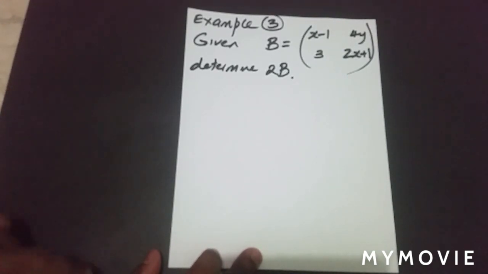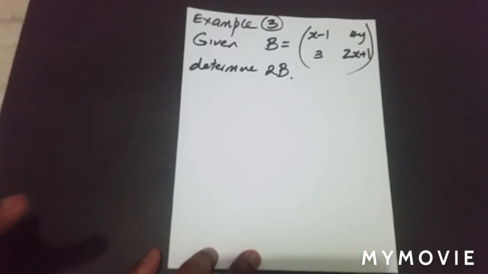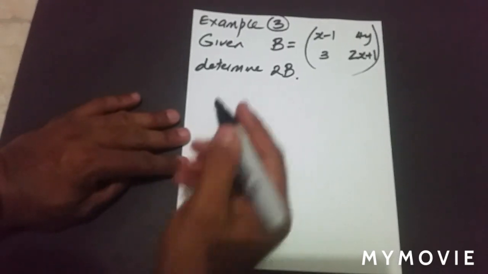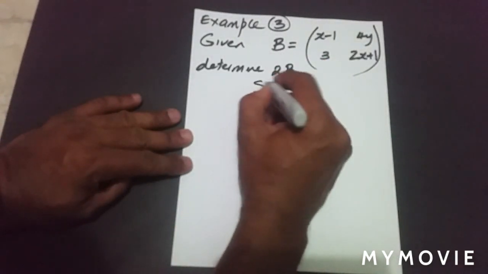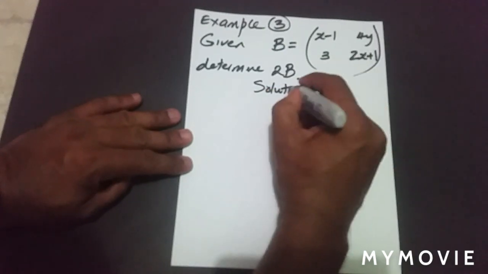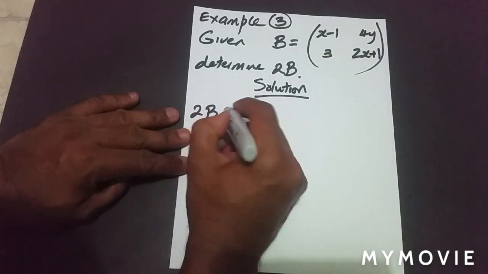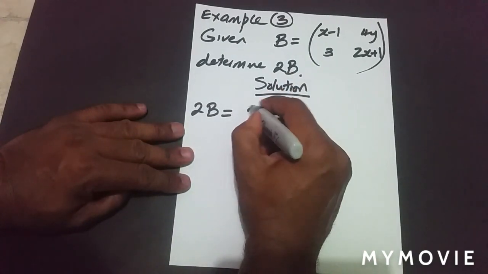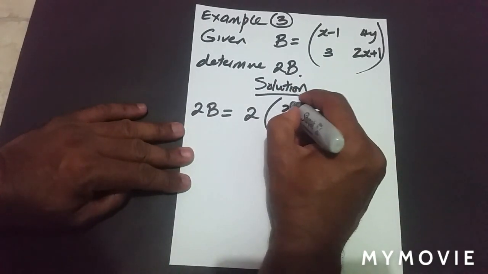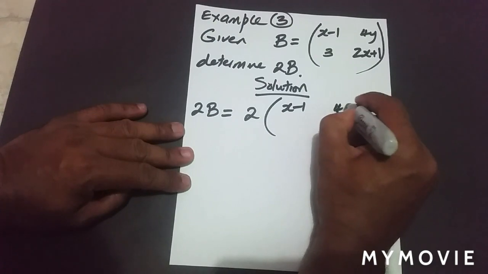You have to be mindful now, especially when the matrix has algebraic expressions in there. That is very, very important to know. Okay, now the solution. Quickly, 2B would simply be equal to 2 times whatever matrix B is.